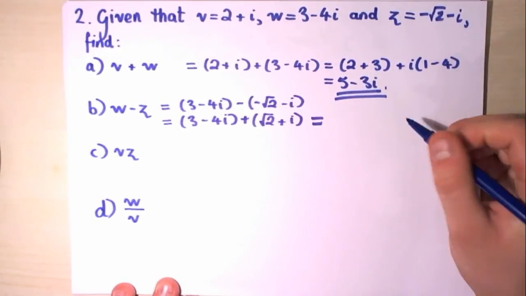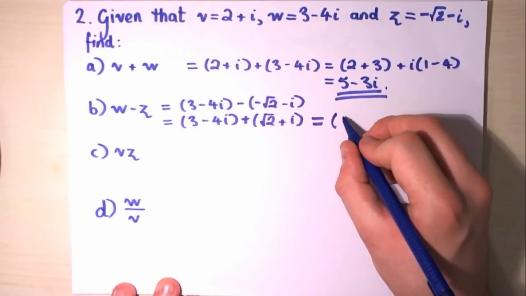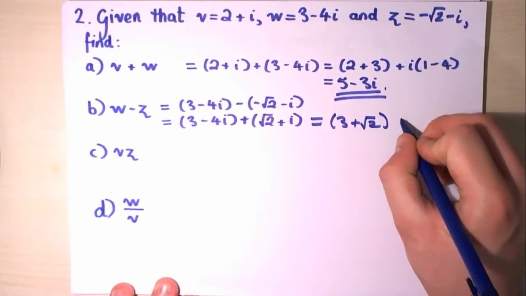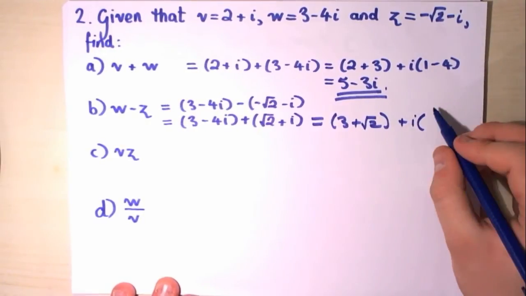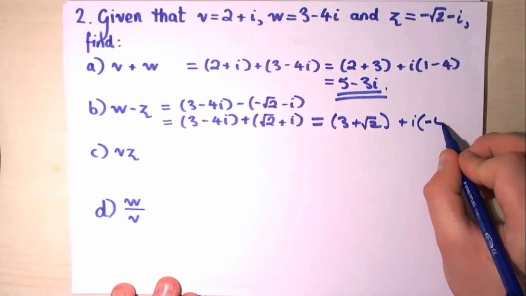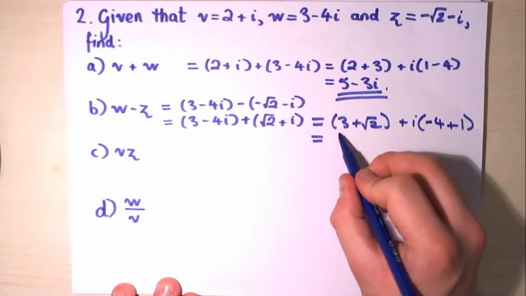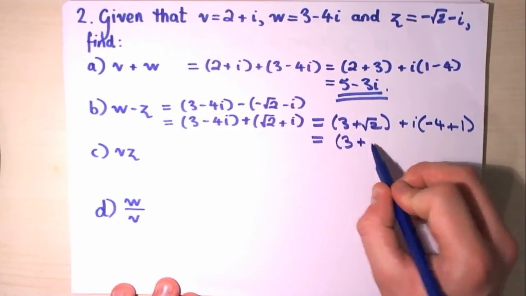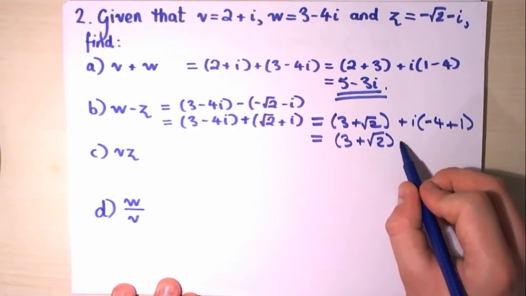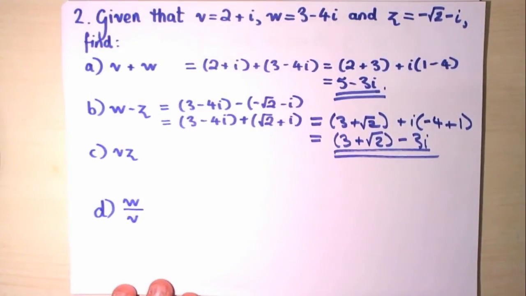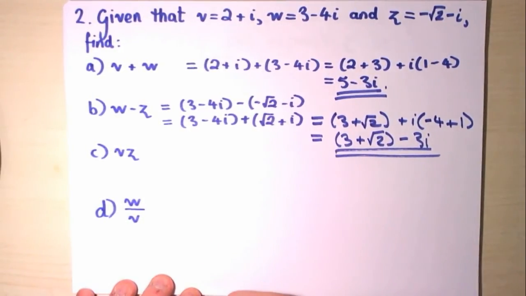And then all we have to do now is just group together real and imaginary parts again. 3 plus root 2 plus i times minus 4 plus 1, and the answer we end up with is 3 plus root 2 minus 3i. Again, that was straightforward.